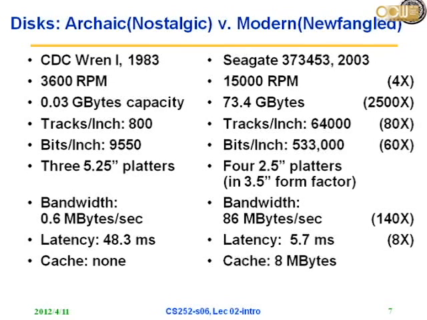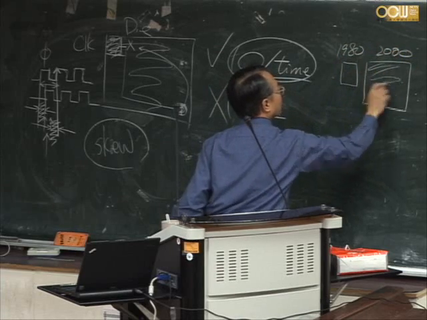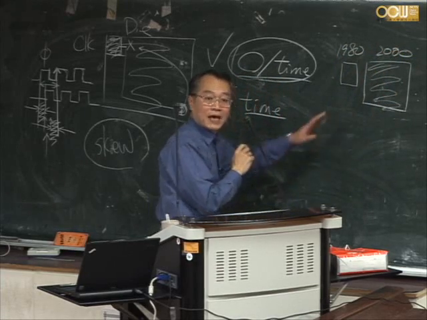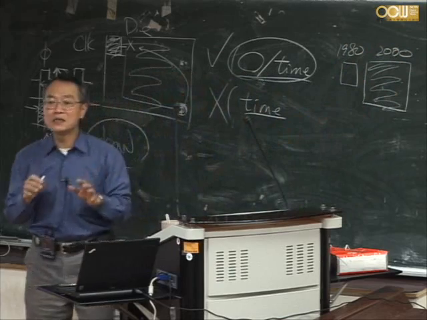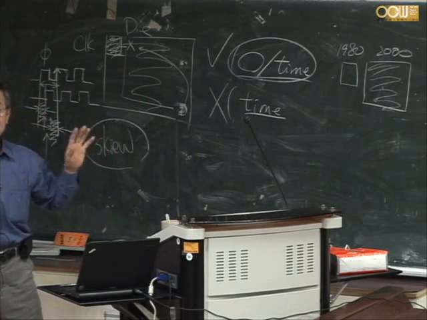And again, the latency improvement is only 4 times, as I told you. As the circuit capacity increases and the die size increases, I want to have more memory. Maybe this is 1980, this is 2000. I want to have more memory. And the memory is basically a sequential circuit, so the latency really doesn't improve a lot.